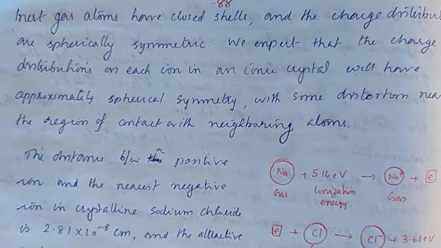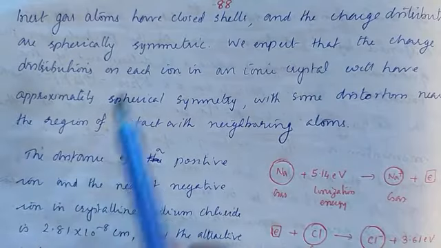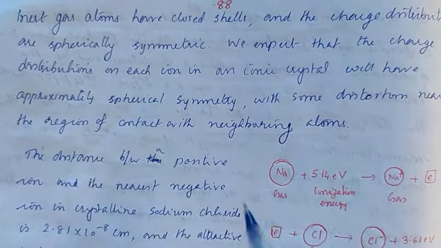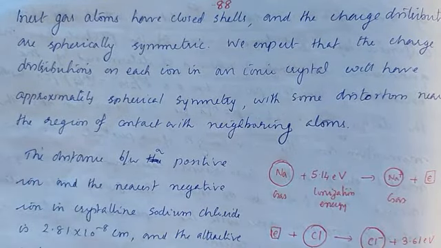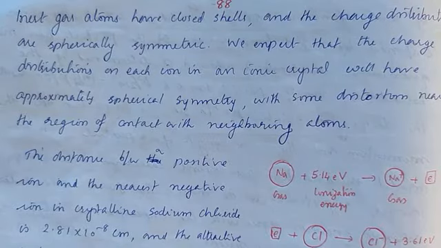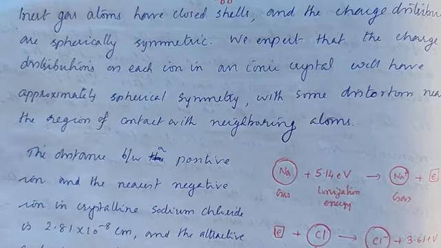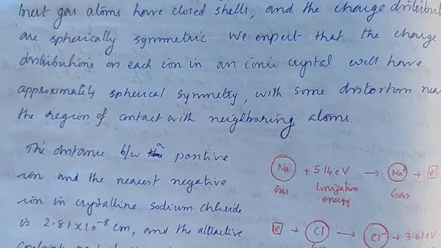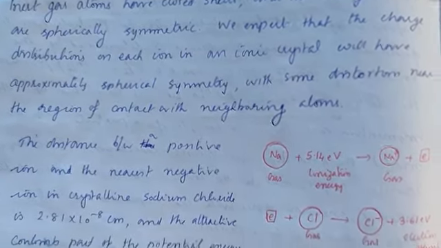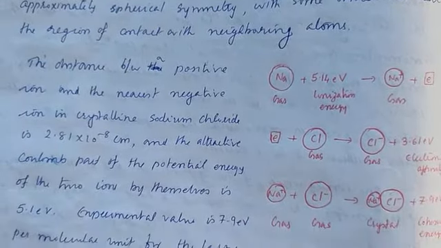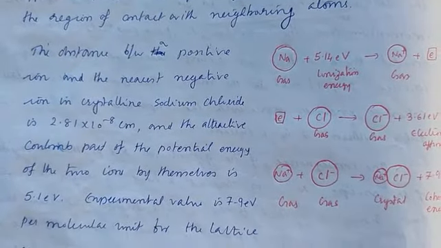So just like the inert gas systems, the charge distributions are spherically symmetric in ionic crystals, approximately, with some distortions near the region of contact with neighboring atoms.